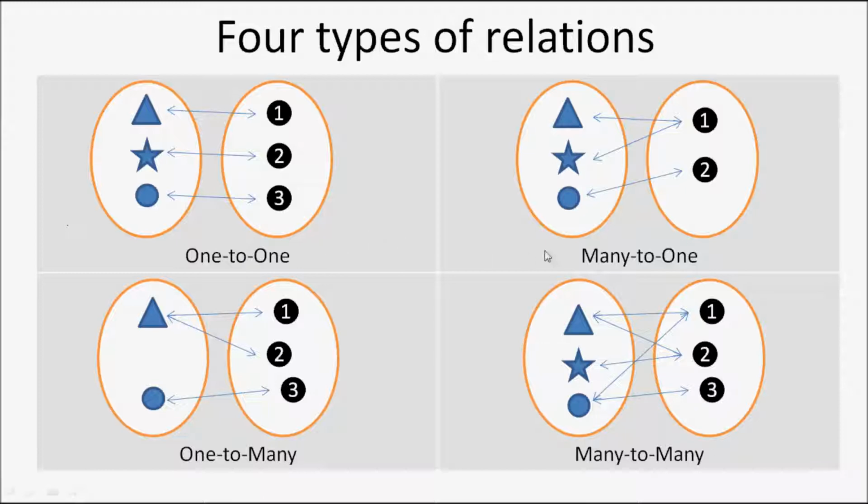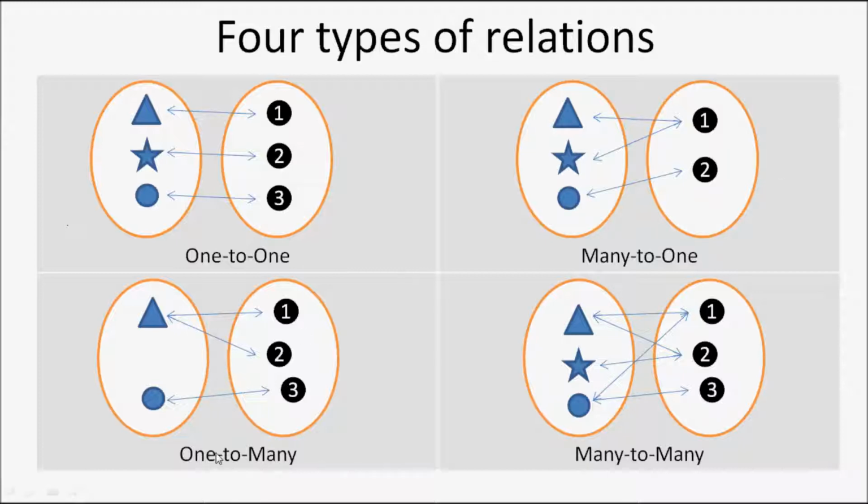You can also have a many-to-one relation. In a many-to-one relation, 2 or 3 or more objects from the domain can be connected to just one object in the range. Like in this case, the triangle and the star are both connected to 1. Circle is only connected to 2. So this is a many-to-one relation.